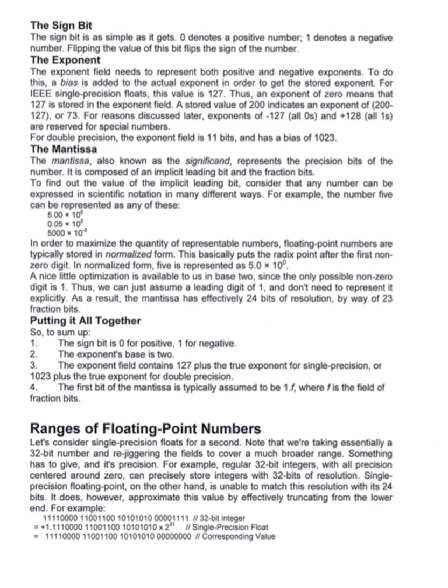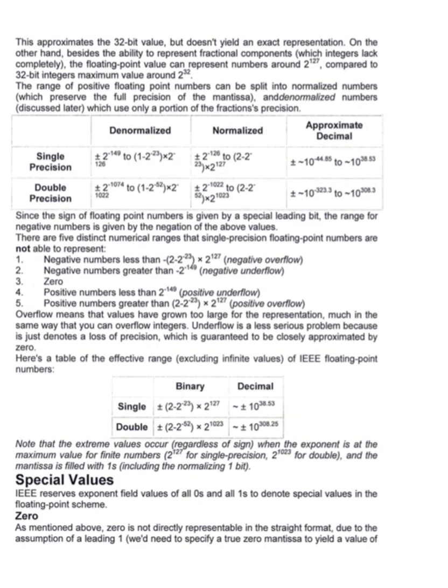This is IEEE floating point. It is the Institute of Electrical and Electronic Engineers setting standards. And so you'll have a sign bit, an exponent, and a mantissa, you'll see in the examples here, and you put it all together. And you have ranges for floating point numbers, and special values for how to represent 0.